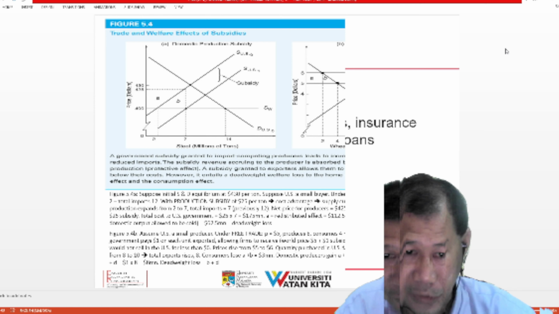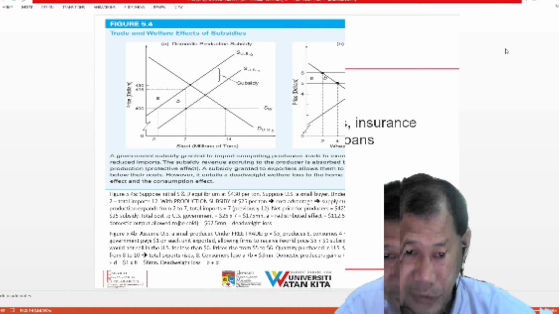Suppose United States government pays $1 on each product exported. So export subsidy, $1. You export one unit, you get $1 subsidy. So allowing firms to receive 6, which is the world price, 5, plus $1 subsidy, so $6 per unit.